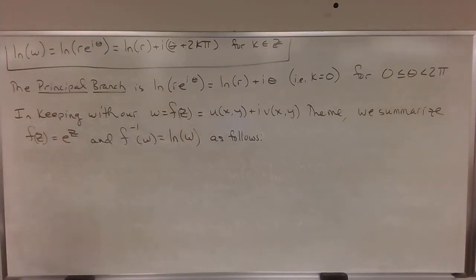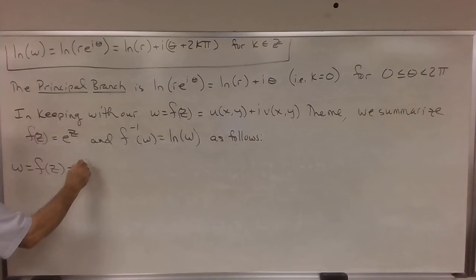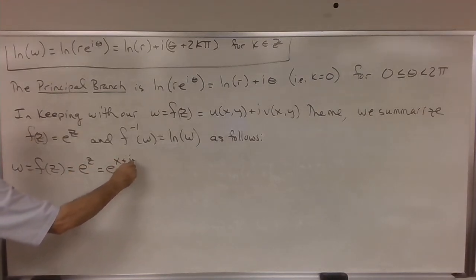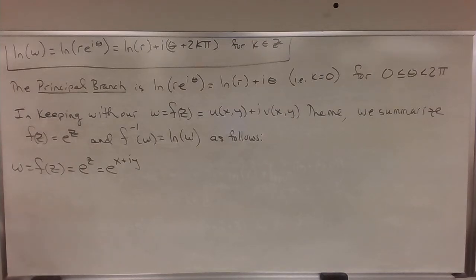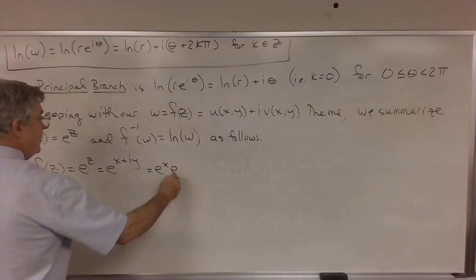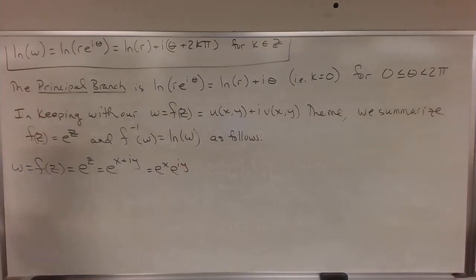For example, f of z is equal to, well, we called that w, didn't we? w is equal to f of z, and that's equal to e to the z, e to the x plus iy. And we can write that as e to the x times e to the iy.